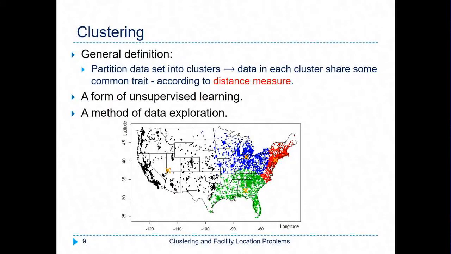Clustering problems are basically captured by facility location problems. In these problems, we are given a set of data points, and we want to partition the data set into clusters such that the data in each cluster share some common trait. Basically, the data in each cluster are close to each other with respect to some distance measure.